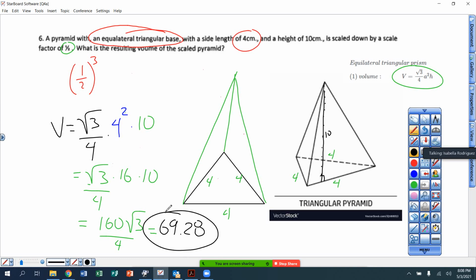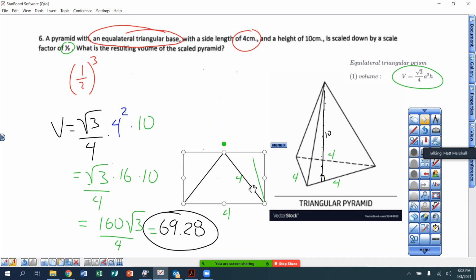Yeah. But now the main gist of it is, what do you do with that scale factor of 1/2? So the trick is, you're not timesing that number by 1/2, right? You're timesing by 1/2 raised to the 3rd power. Mm-hmm.